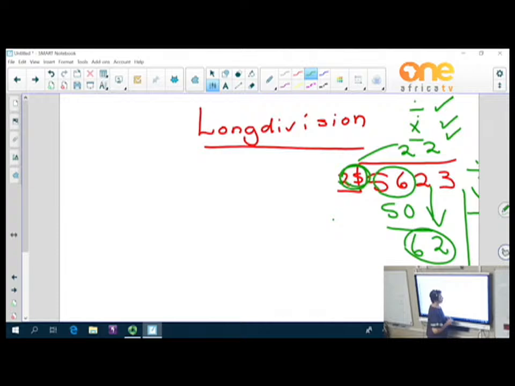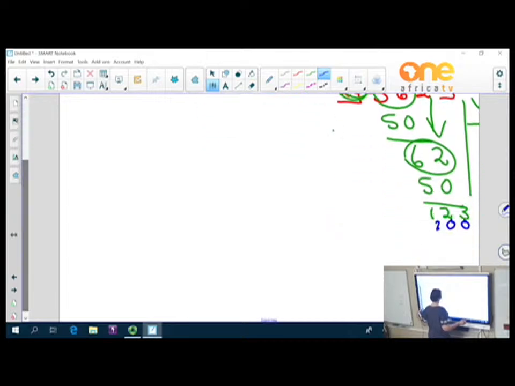How many times, so you repeat the steps, will 25 divide now into 123? It is 4 times. So I will multiply with 4, and 4 times 25 is 100. If we subtract it now, we get a remainder of 23.